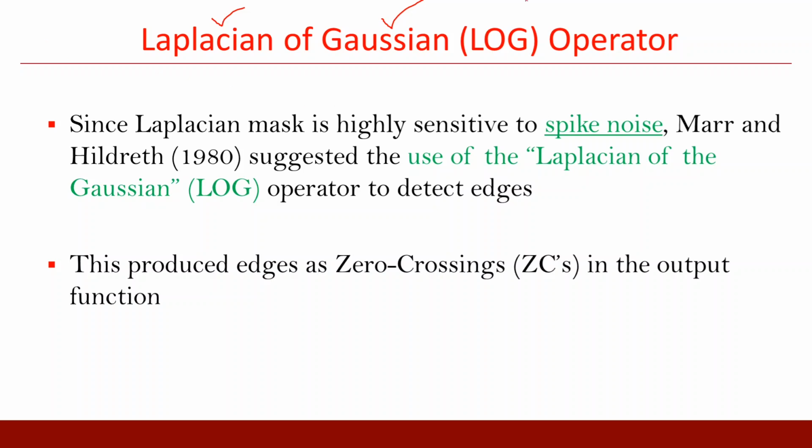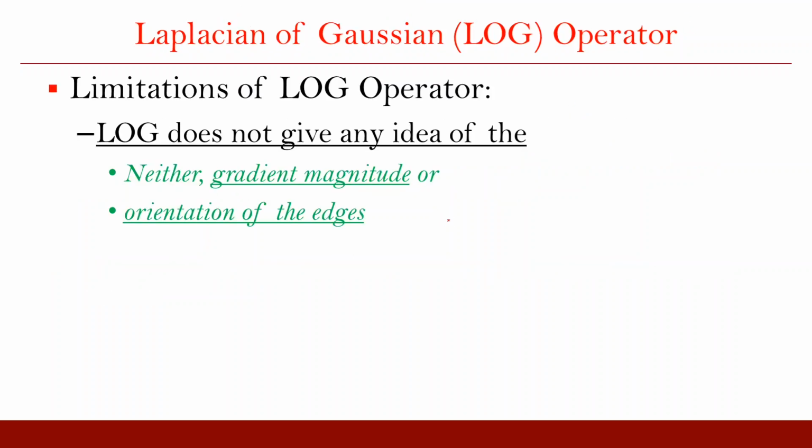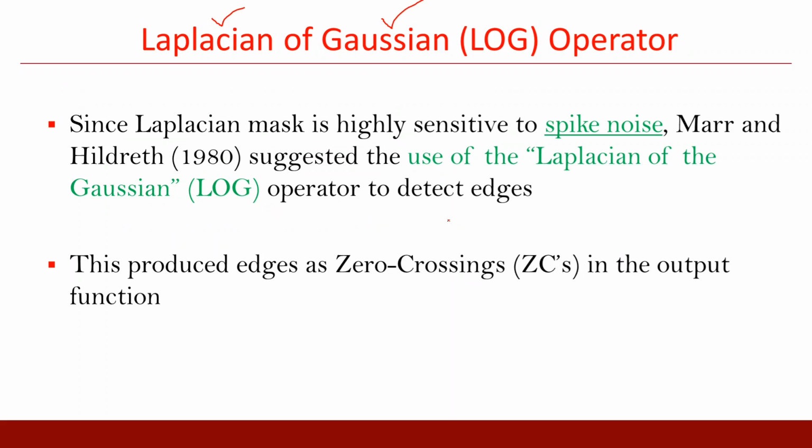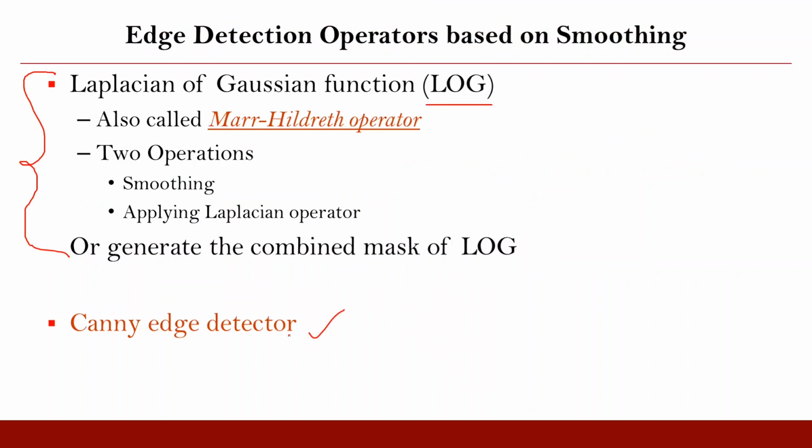But in case of LoG operator, it was actually proposed by Marr and Hildreth. This is also called Marr and Hildreth operator. In this operator, Marr and Hildreth combined the differentiation and smoothing operation.